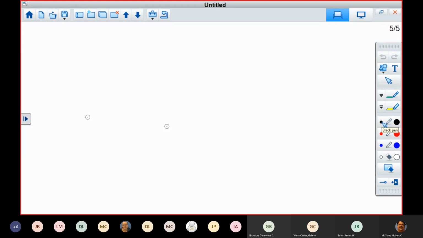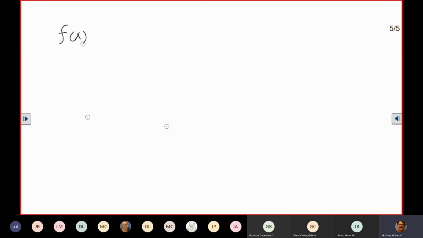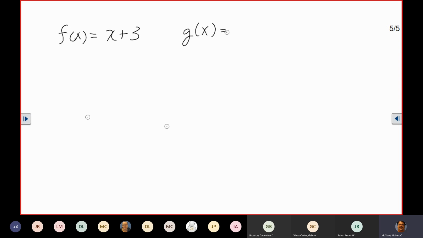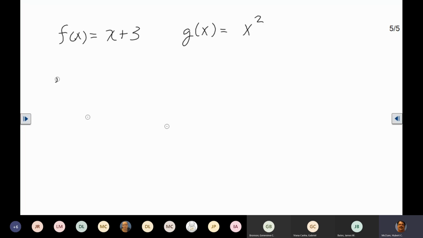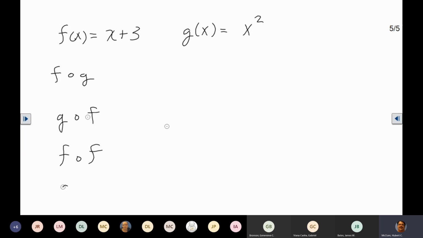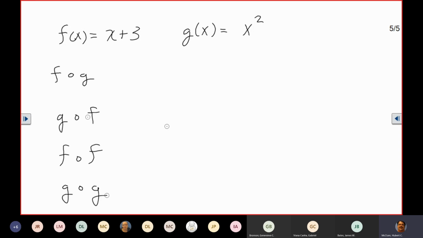Anyway, let's go with f of x is equal to x plus 3, and g of x is equal to square root of x, or x squared. And I want you to give me f composed of g, g composed of f, f composed of f, and g composed of g.